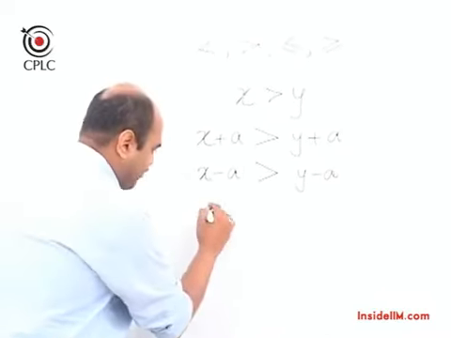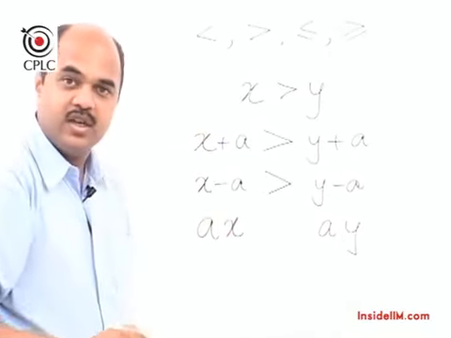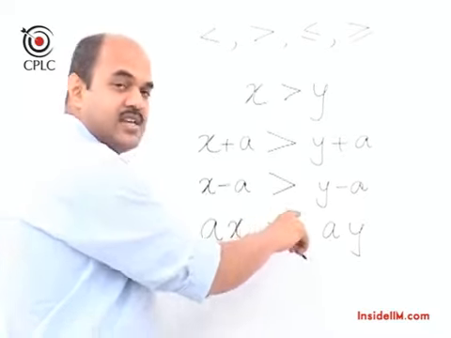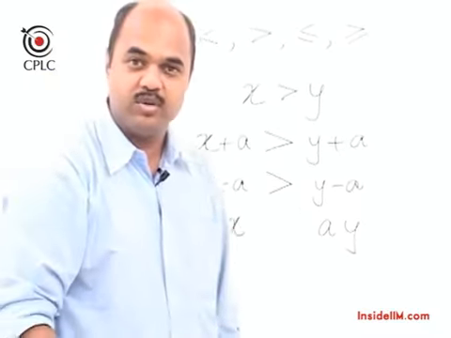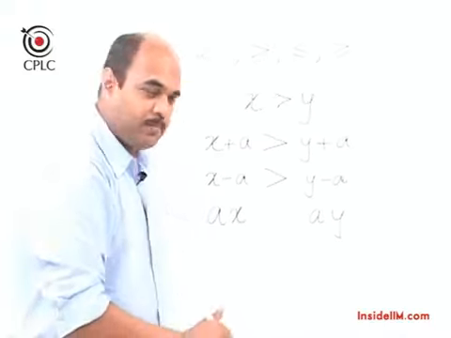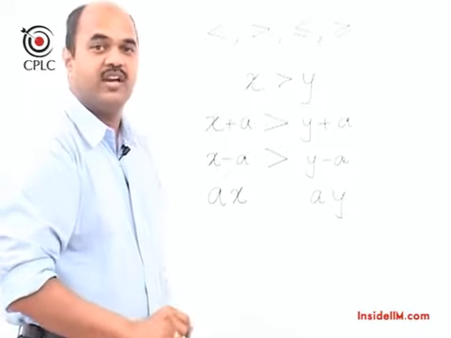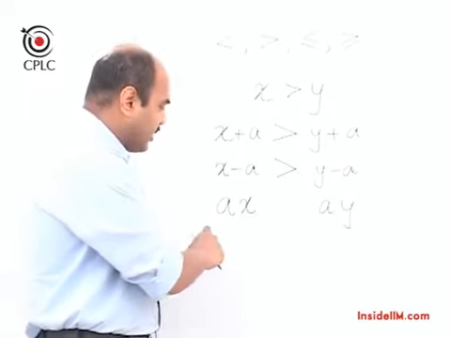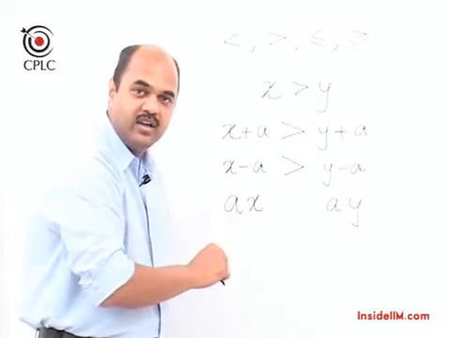What happens when we multiply the same term a on both sides? Can we once again definitely say that ax will be greater than ay? We can't do that anymore, because now the answer depends on whether the term a is a positive number or a negative number. If it's a positive number, then we can definitely say that ax is greater than ay.